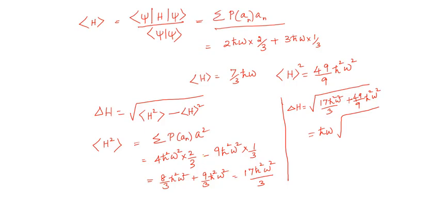So subtract 49 by 9 from 51 by 9. Root 2 by 3. So this is the error in the measurement in h.